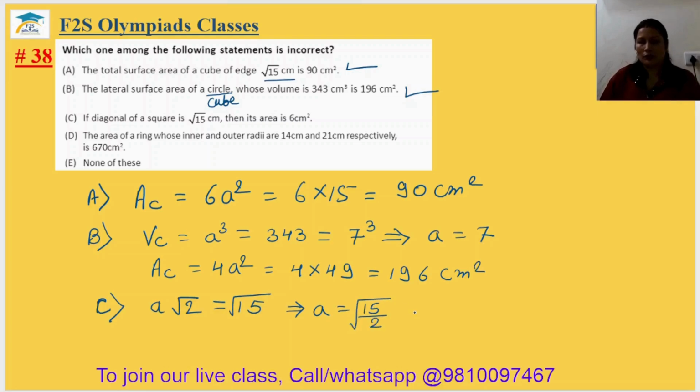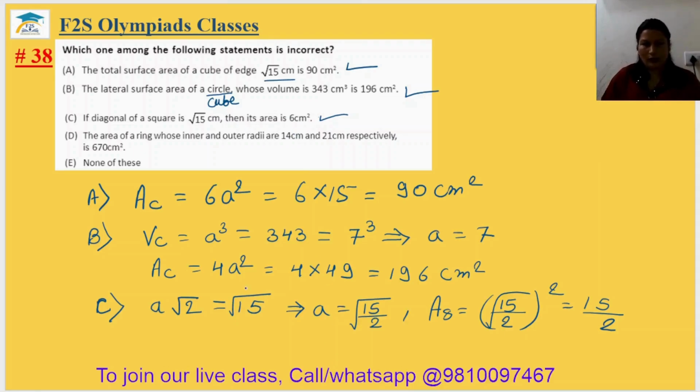Area of the square will be A square, so A square will be the square of root of 15 by 2, that is 15 by 2. But it is saying it should be 6 centimeter square.